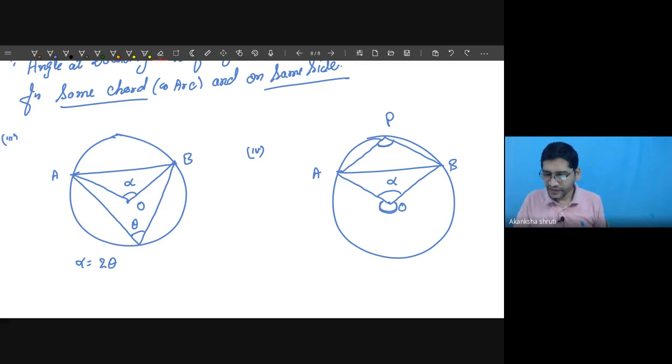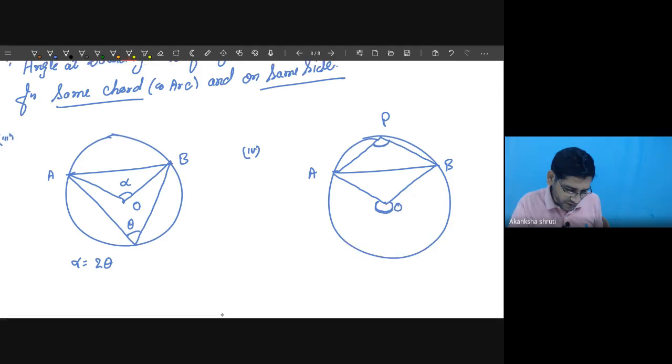Students, so be careful. From the figure 3 and even 1 and 2, we have observed that the arc or the chord is making the angle on the same side. Same side means what? A student, I was explaining, from this chord AB, if you are looking this way, you are observing one angle form is this one. Moving ahead, you are getting the other angle form is this one.